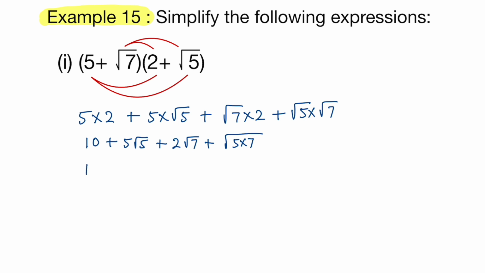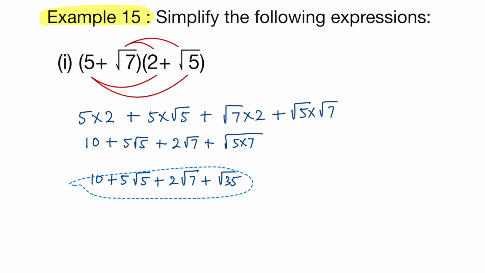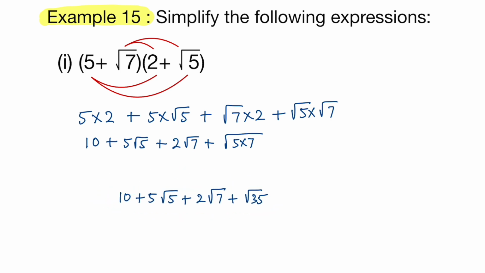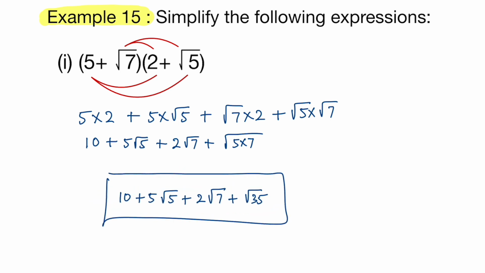So the final answer is 10 plus 5 root 5 plus 2 root 7 plus root 35. So this is the answer to this question.